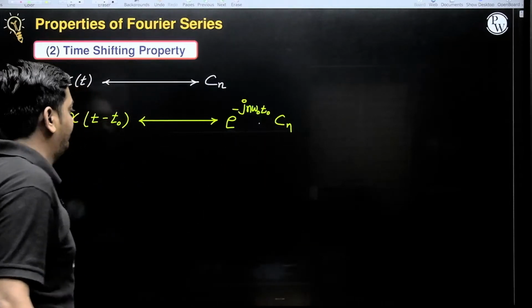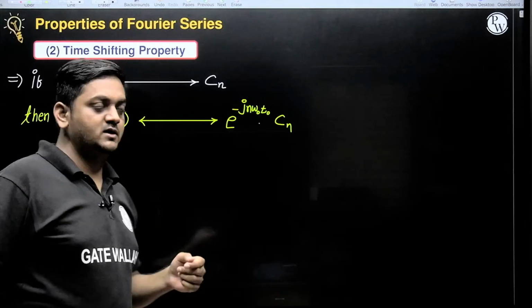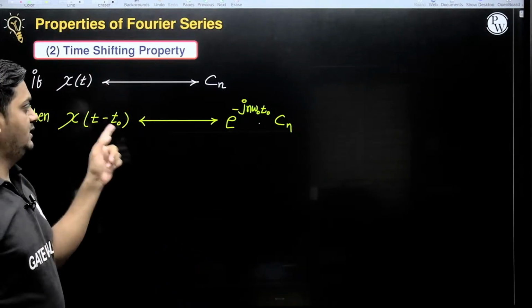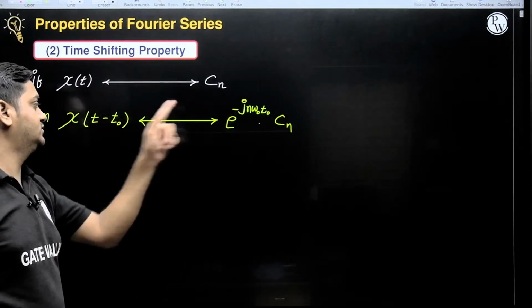See, here minus t naught, then here also minus t naught comes into the picture. Suppose here it is plus t naught, then here plus t naught will come into the picture, correct? Minus t naught, then minus t naught; plus t naught, then plus t naught.